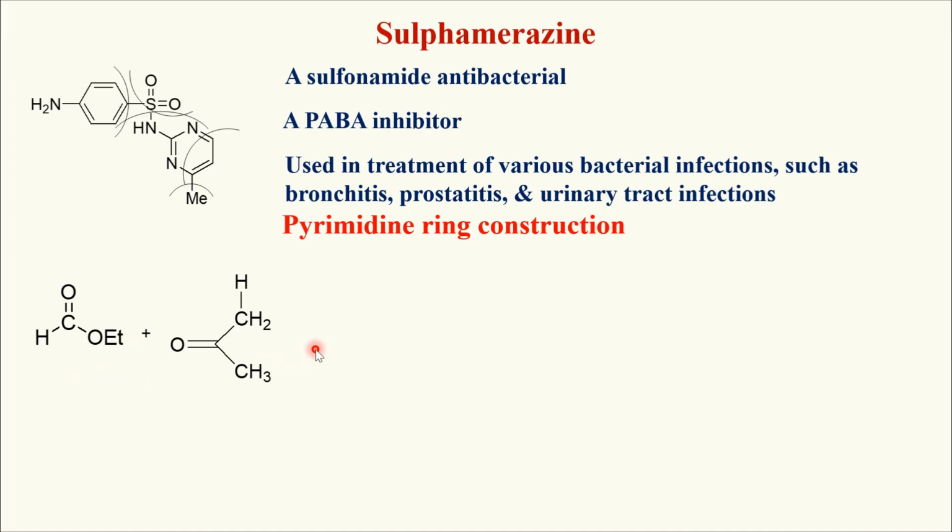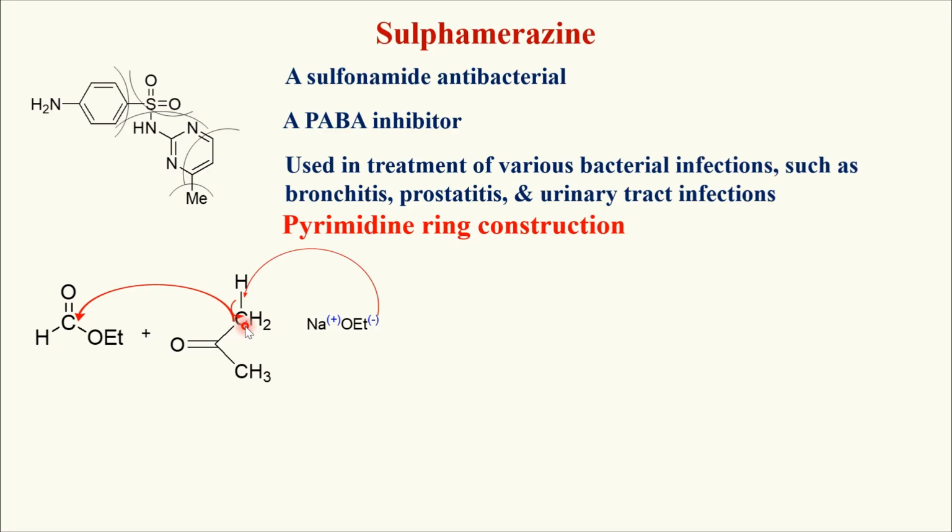I make them react together in the presence of a strong base like sodium ethoxide, OEt minus, which abstracts the proton, leaving the electron pair on the carbon, which creates a carbanion. The carbanion created by the abstraction of this proton is unstable.